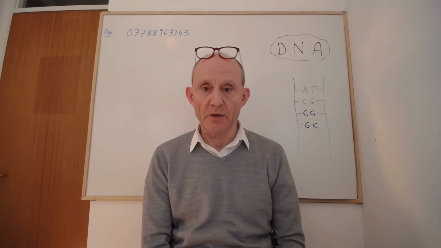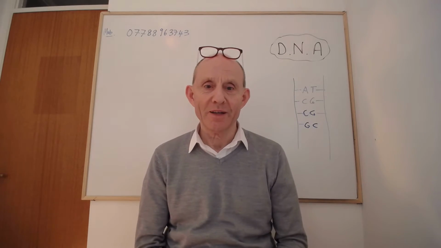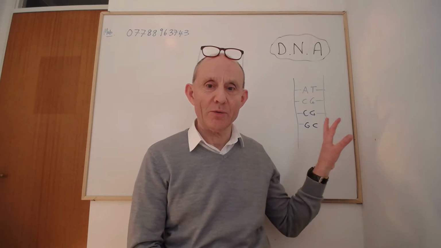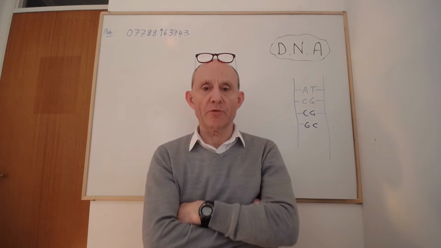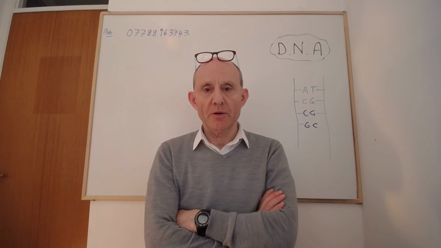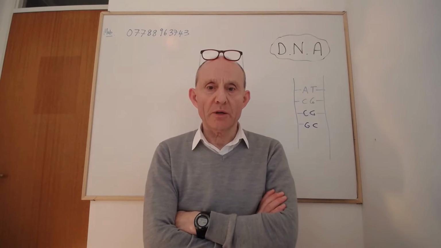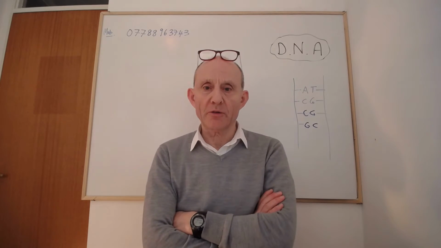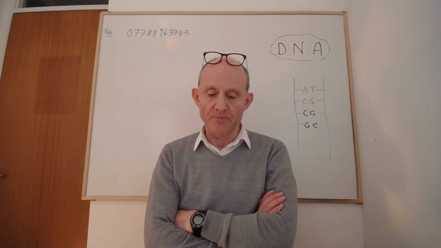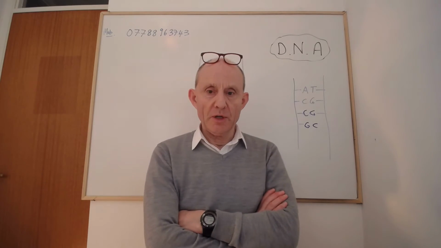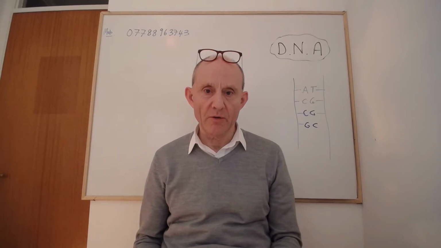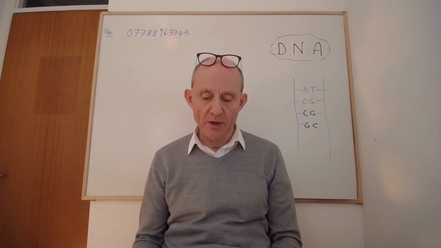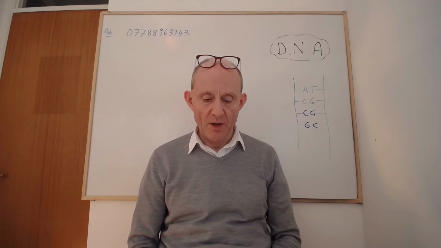So the cell can only make its enzymes correctly if it's got the DNA code. And of course enzymes are absolutely vital to a cell, because the enzymes dictate or control the chemical reactions that happen in the cytoplasm of the cell. So the DNA is essential in telling the cell the correct enzymes so that it can have the correct chemical reactions taking place inside its cytoplasm.